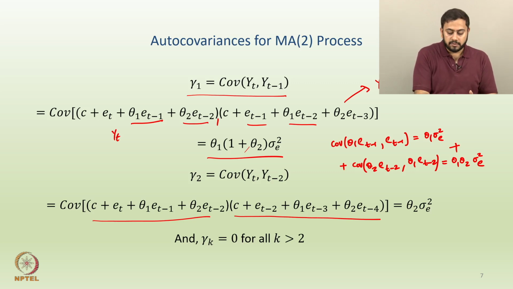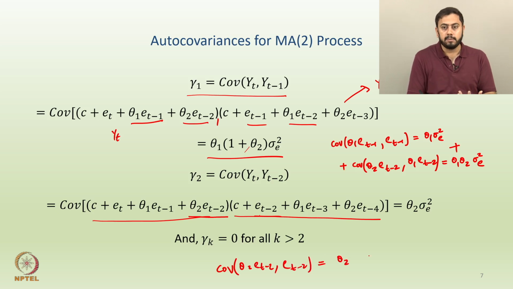Okay. So for example here where can you spot same subscript? Let us say theta 2 et minus 2 and et minus 2. So at the end of the day we will have covariance between theta 2 et minus 2 comma et minus 2. So this would be nothing but theta 2 into variance of et minus 2, which is sigma square E, which is exactly what you see here. Okay.